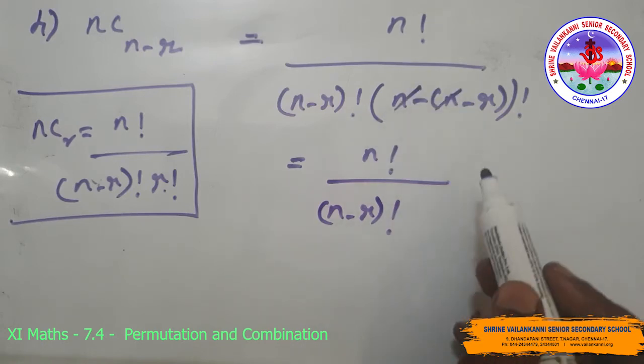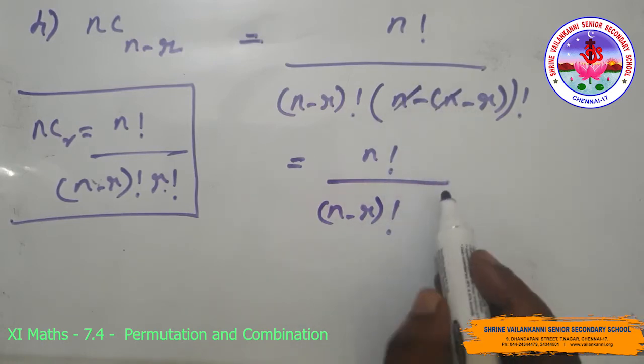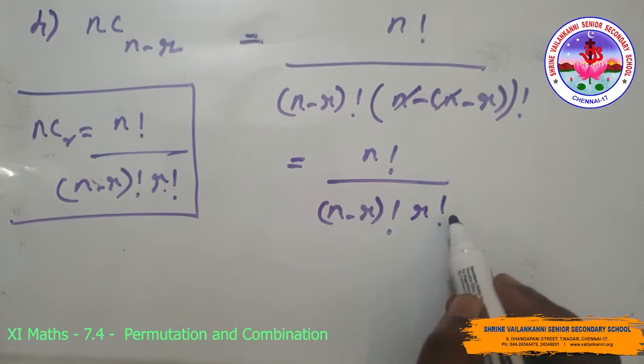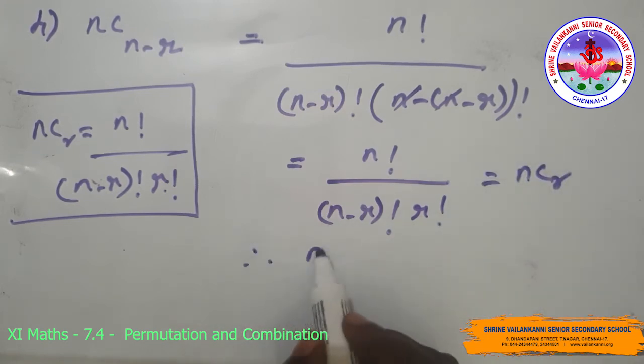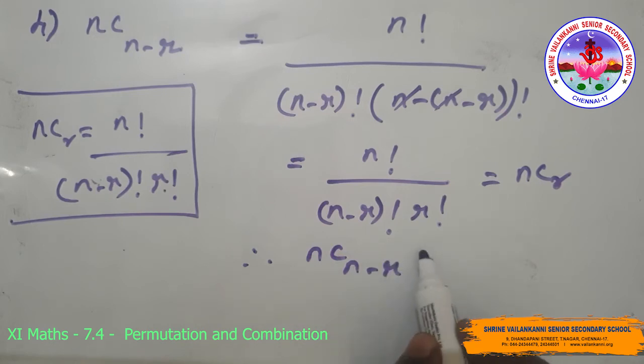So this will cancel, then minus into minus, r plus r, into r factorial, which is nCr. So therefore nC(n minus r) is equal to nCr. That is selecting r objects out of n objects.